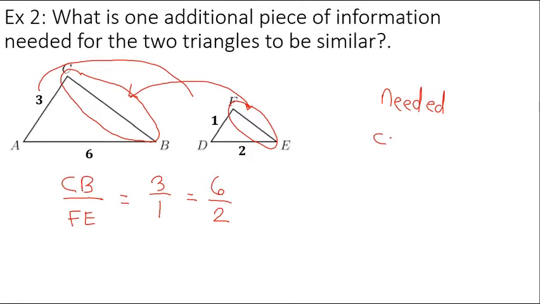We need to say that CB over FE is equal to, so 3/1 or 6/2, think of it as equals 3. Or think of this as your scale factor.